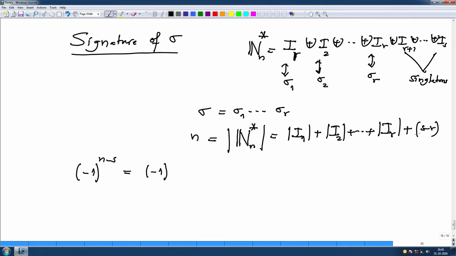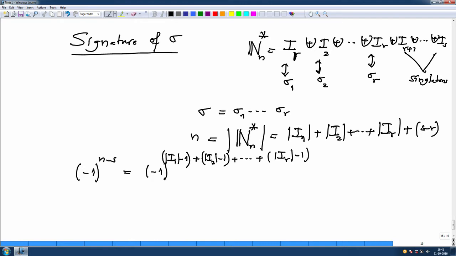Then this r I will distribute, 1 among each one of them. This is minus 1 power cardinality I1 minus 1 plus cardinality I2 minus 1, up to plus cardinality Ir minus 1.